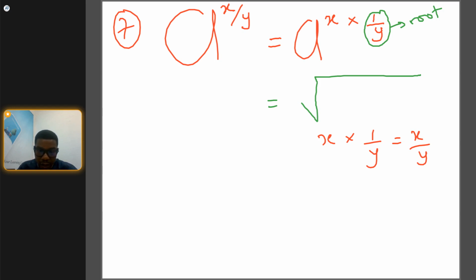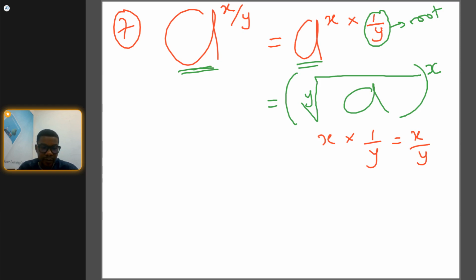So I'll have y here. The base is letter A. The base will be inside the roots. Now, what is the last thing to do? I'll put a bracket. Now, this x will serve as the power outside here. So this will be the result of a raised to power x over y.